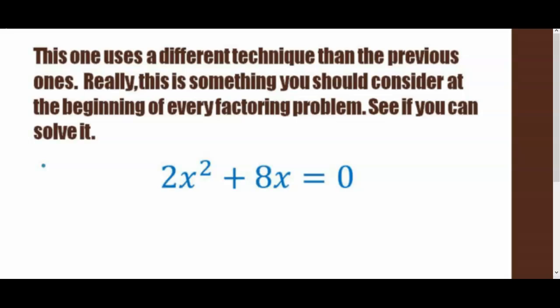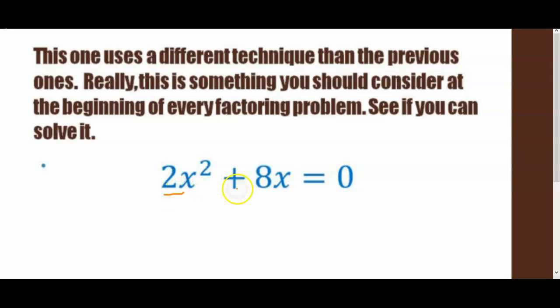So if the C value is 0, what am I looking for? There is no C term. I am only looking for one thing in this problem: a GCF. If there is no C, the only thing I can do is take out a GCF.